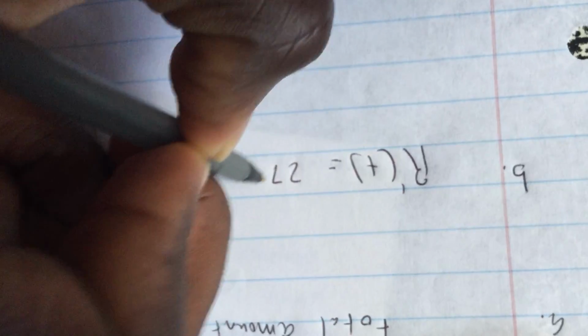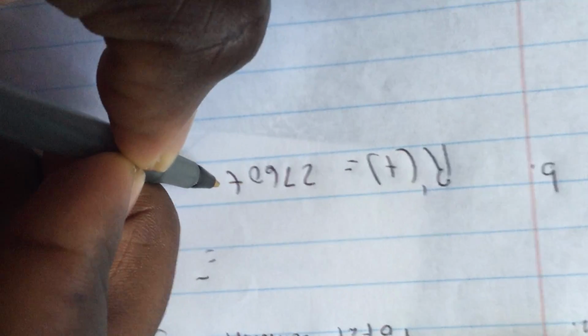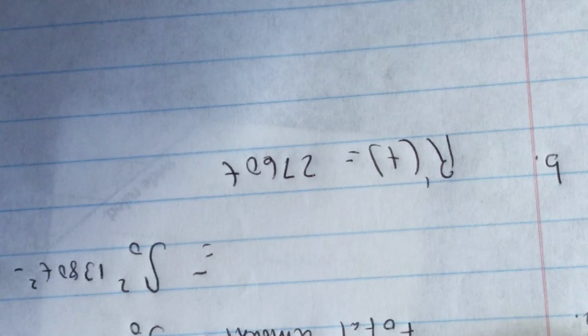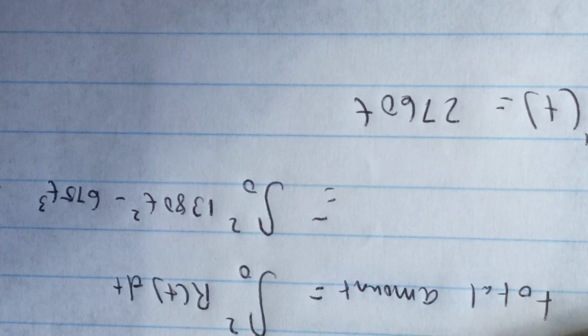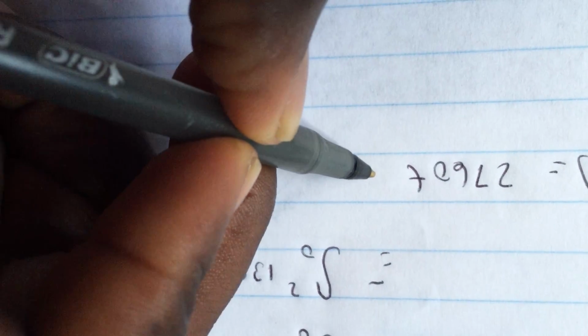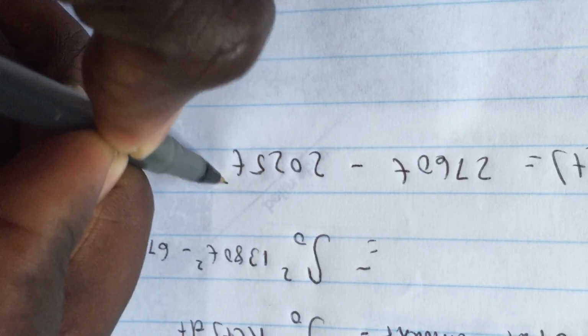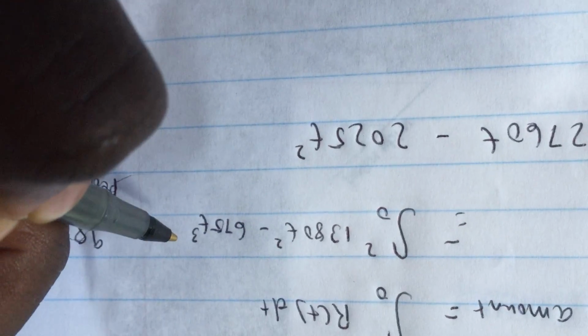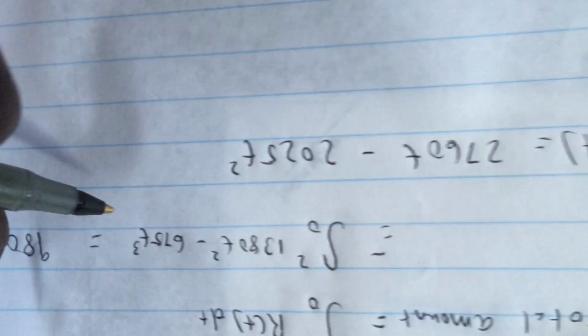The derivative of r of t equals 2760t, because you bring the 2 down and subtract 1 from the power of 2, minus 2025t squared, which we got by multiplying 675 by 3 and subtracting 1 from 3.